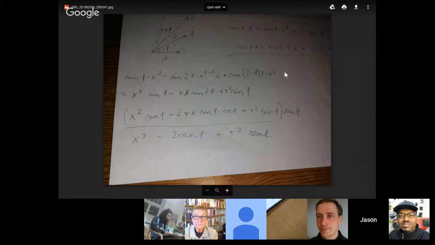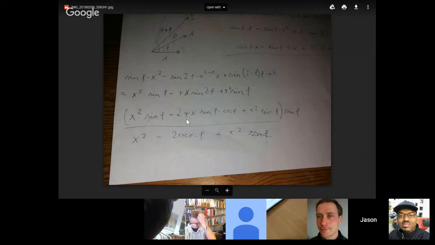That's pretty simple. And then in the next line, I ordered it a little bit. And then I compared it to what Gauss wants to divide it by, the so-called divisor: x squared minus 2 cosine phi times rx plus r squared.